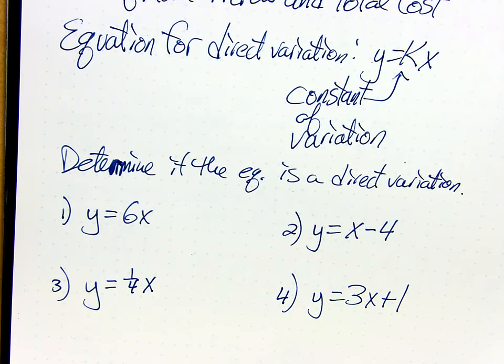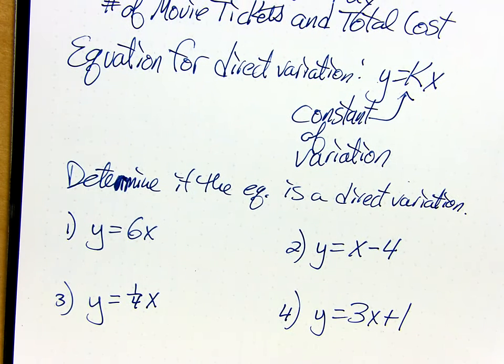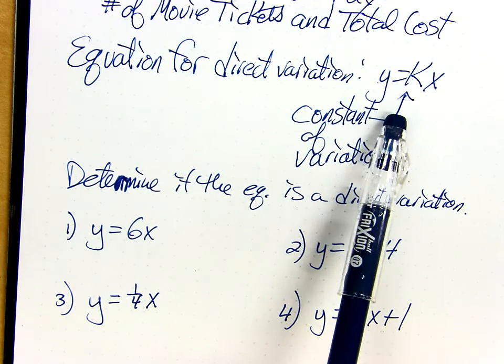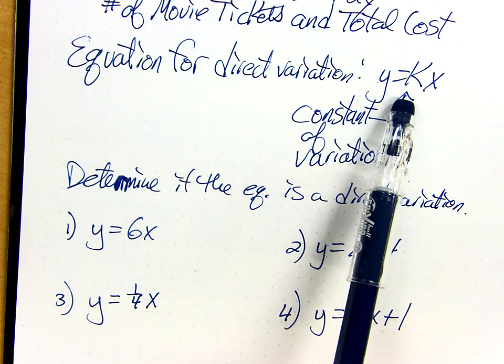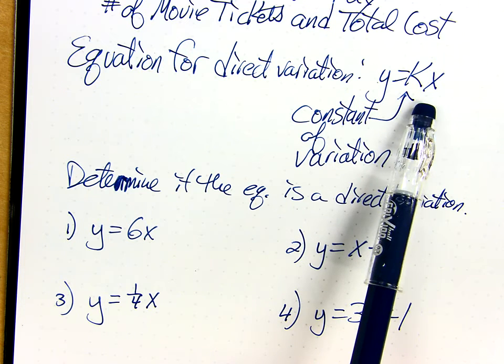Okay, so here's 4 examples, and we're going to go through each one and determine if it's direct variation or not. Basically what you're trying to look for is, does the equation look like this one, where you have y equals some number times x?